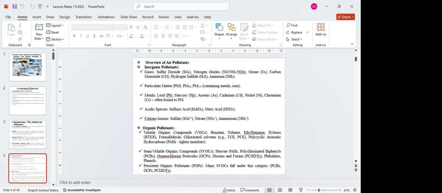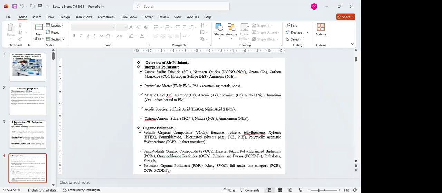So when the rain dissolves some of these acidic species found in the atmosphere, you have a lot of acidic rain. If one will remember, there was a time people around Port Harcourt were complaining and talking about the rain soot. Rain soot happens because the refinery there had their refining process spewing out soot into the atmosphere, and while the rain falls, it brings down this soot.